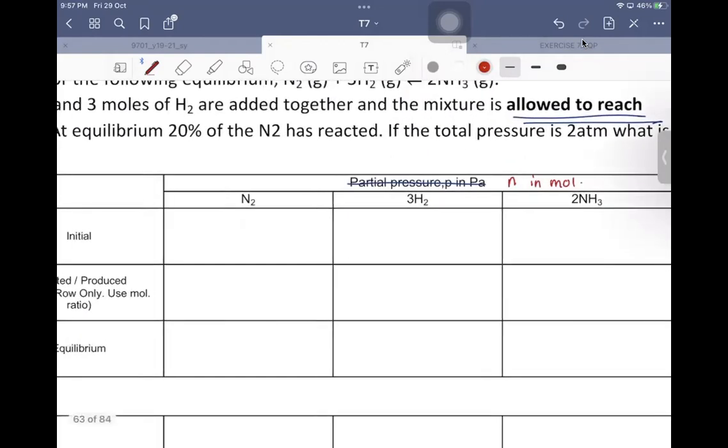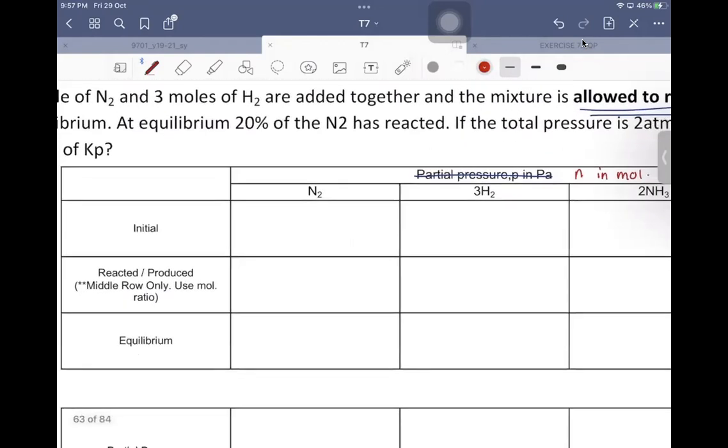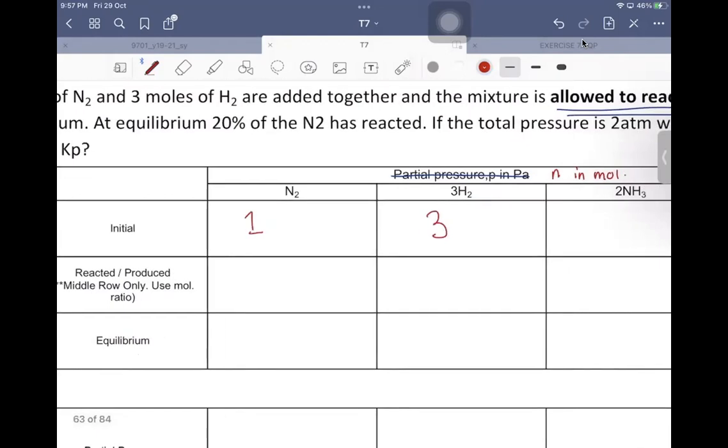Right. Initially, 1 mole of nitrogen reacts with 3 moles of hydrogen, and no mention of the number of moles of ammonia, so 0 initially.